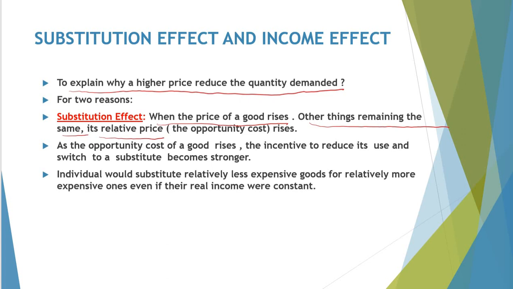So, individual would substitute relatively less expensive good for relatively more expensive one, even if their real income were constant. Substitute relatively less expensive good for relatively more expensive good.